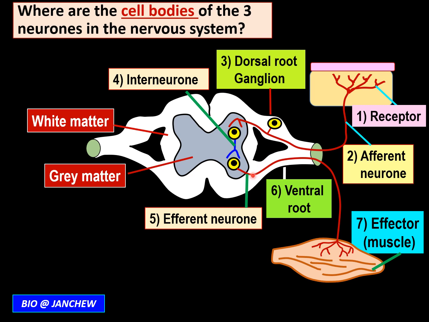Okay, so if the axon has myelin sheath, then it will be white in color, and this forms the white matter, surrounding the gray matter here. So gray matter contains the cell bodies of the interneuron and the efferent neuron, whereas the white matter contains the axons with the whitish myelin sheaths. So this part is white also.